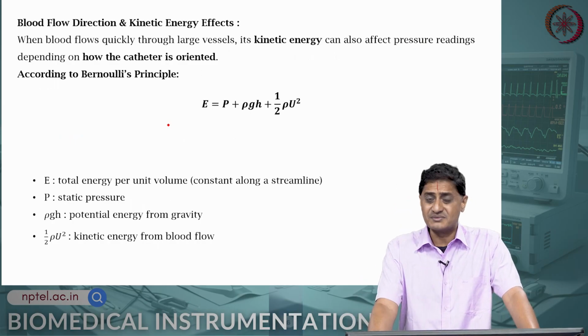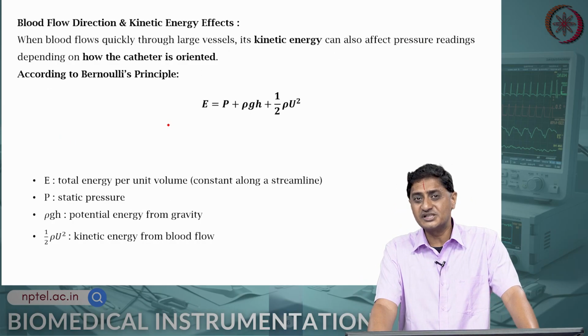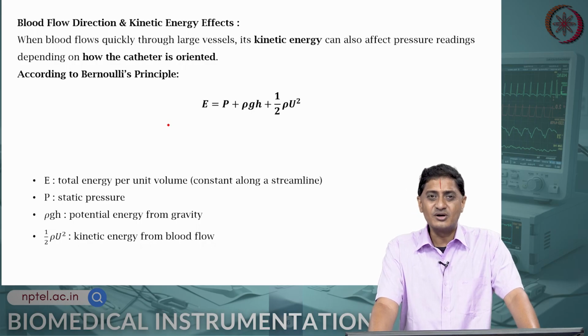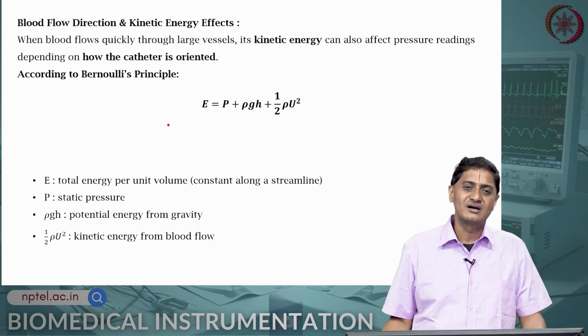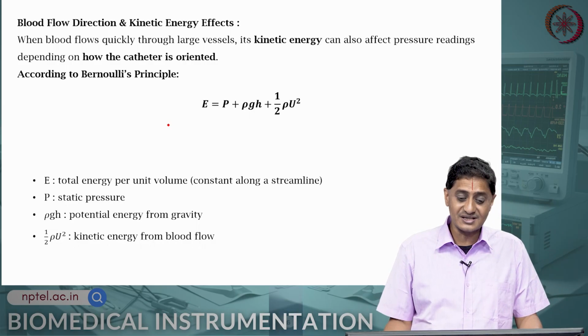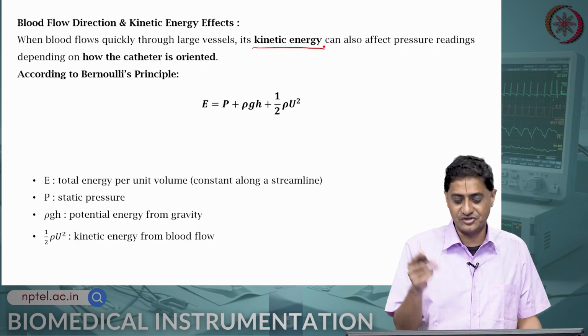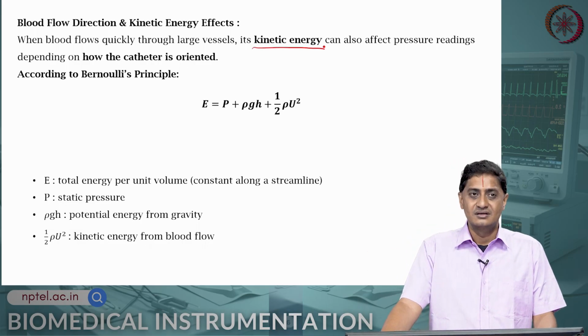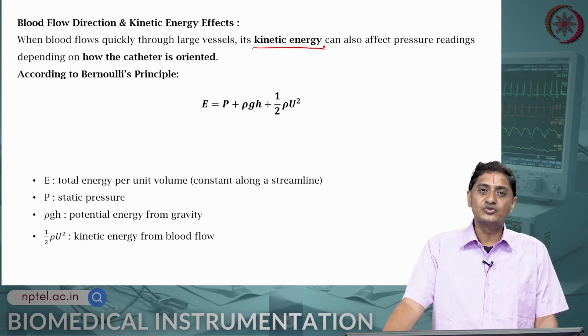Another thing that affects this: in the previous slide we looked at the potential energy characteristics. What also happens is, because blood is flowing with some non-zero velocity, there is also a kinetic energy, especially when it flows through large vessels.